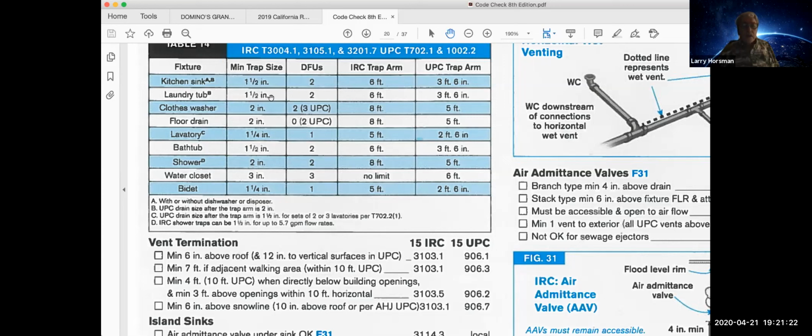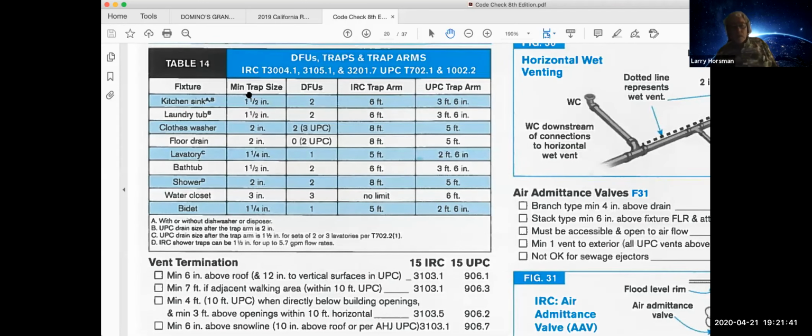So here's our drainage fixture units. We also have WFUs, water fixture units, but water fixture units are not the same as the drainage fixture units. So there's a little bit of a break there. I'll send you both tables, but I'll send you the table out of the plumbing code rather than this one, because it's more inclusive.